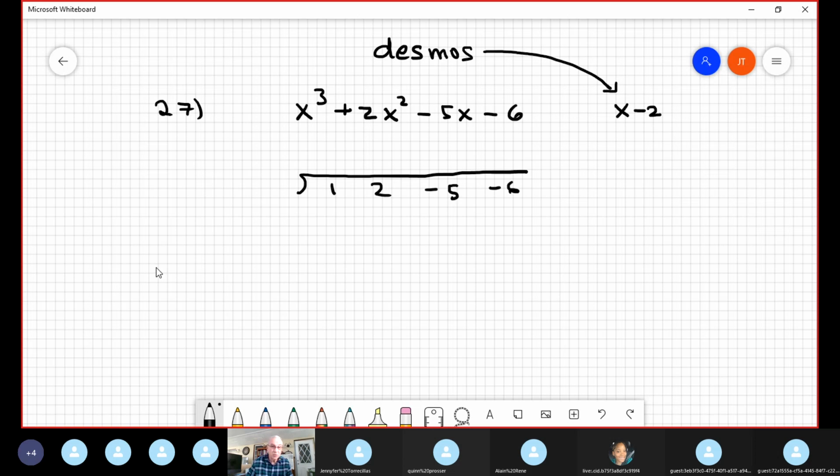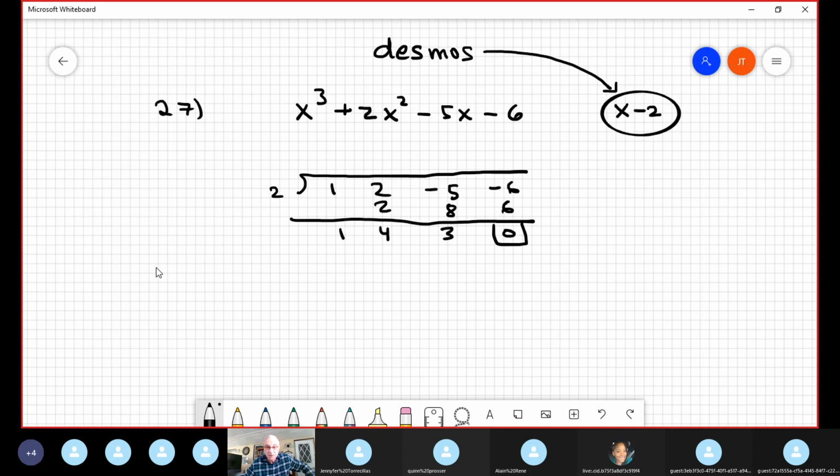And you divide by 2, no? Opposite sign. This is 1, bring down. This is 2. This is 4. This is 8. This is positive 3. And this is 6. Okay, exactly. Decimal gives me this information. I verify by hand. Therefore, the factor x minus 2 belongs to the polynomial.